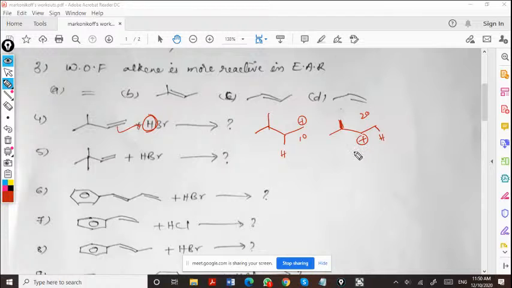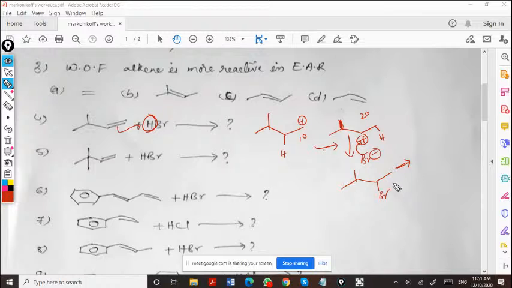Secondary is more stable, so the reaction will direct towards it. So now Br minus will attack on this. So the major product will be this one.